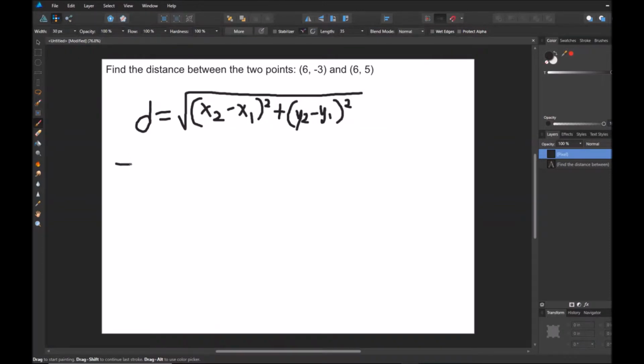So I'm just going to write a little equal sign, pretend there's a d there, but you don't need to keep rewriting it all the way down.